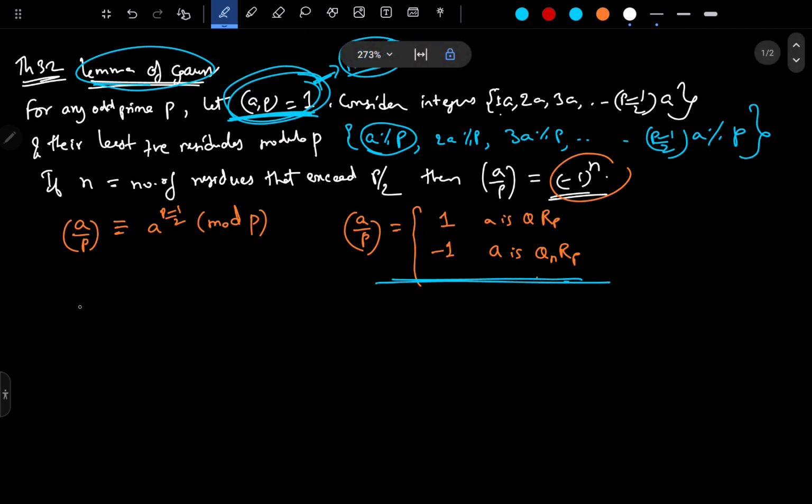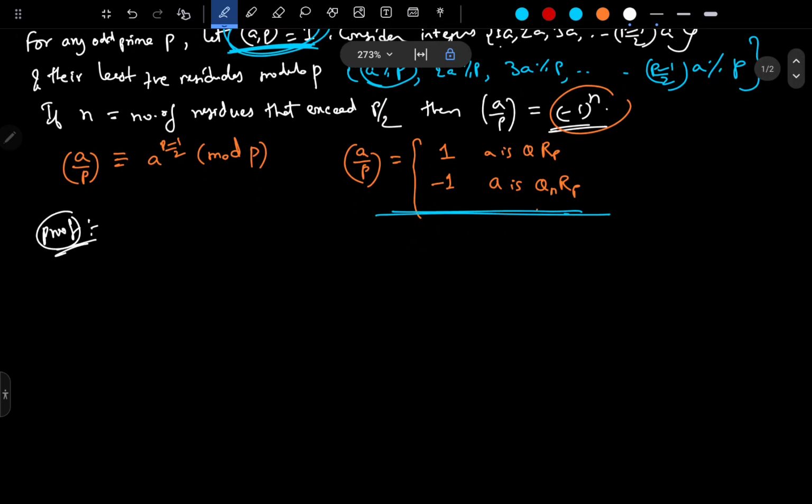So okay, let's go to the proof. In this proof, one thing you have to know: I told one property in the last class also, for RRSM.